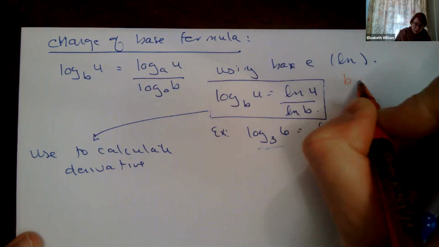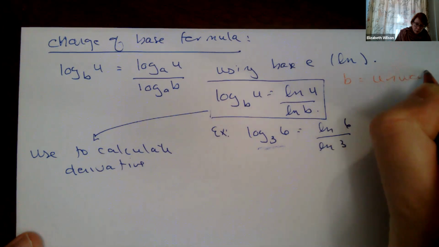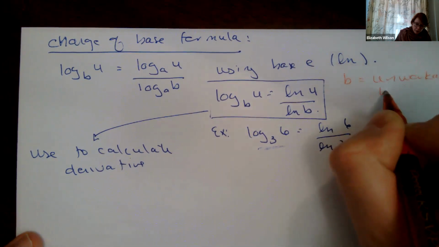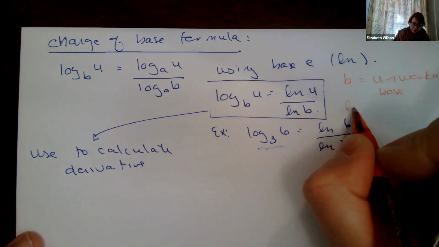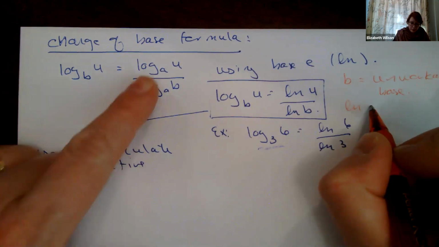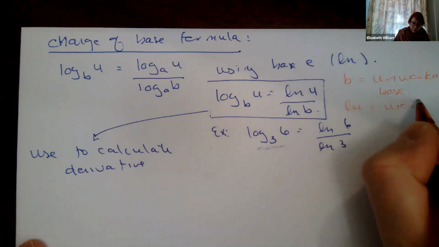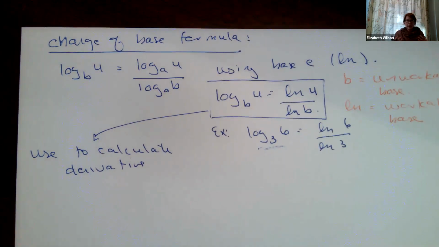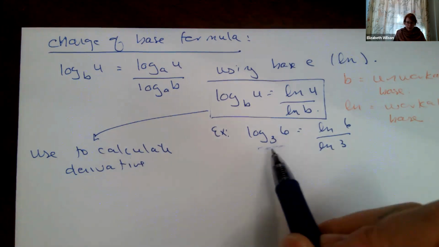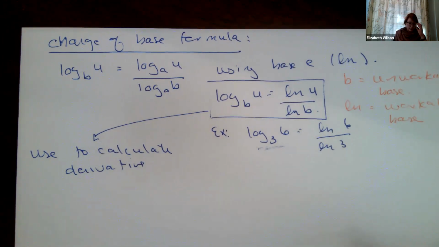So b is an unworkable base. For whatever reason, it's not very workable. And say natural log, or base a right here, is workable. We want to get it out of something that's harder to think about into something I can do on my calculator or do very easily.